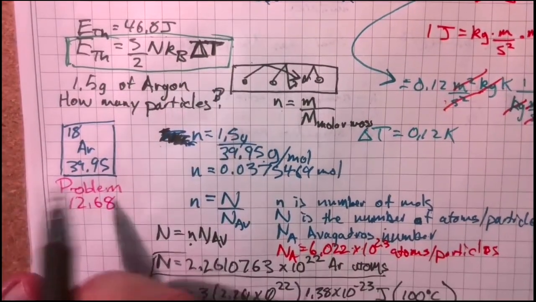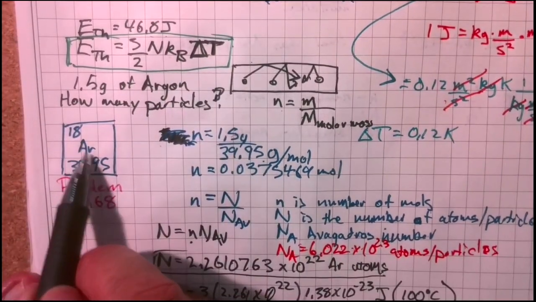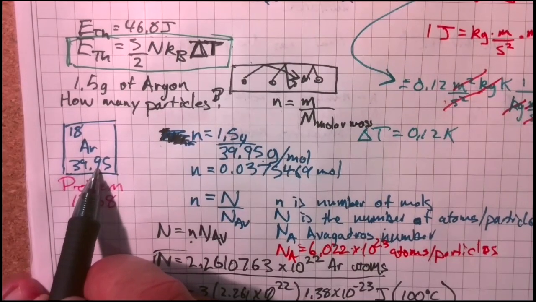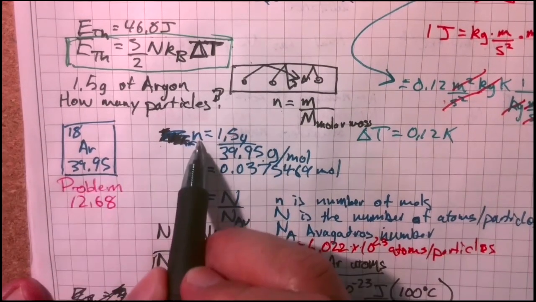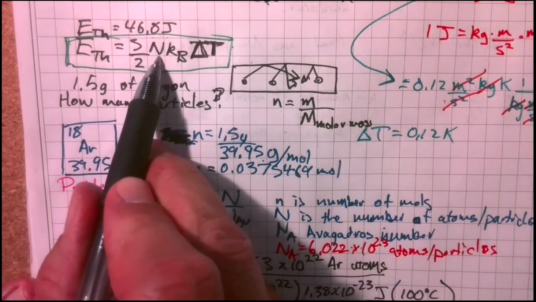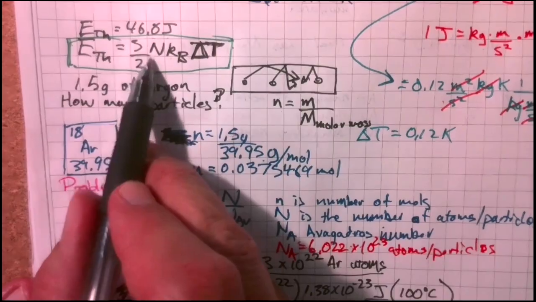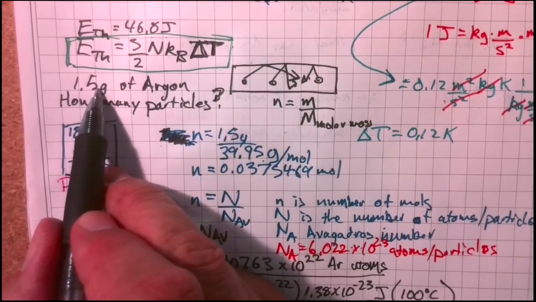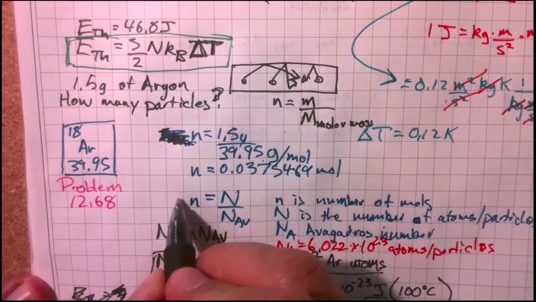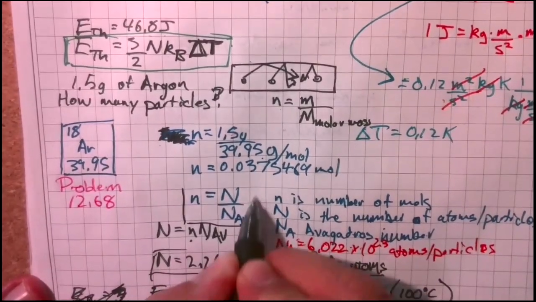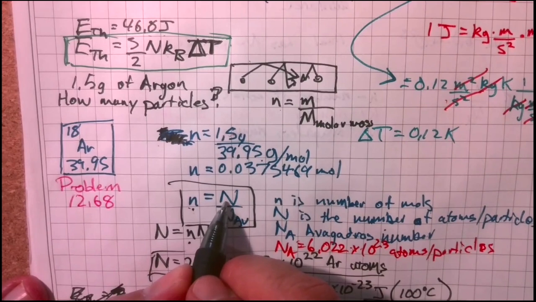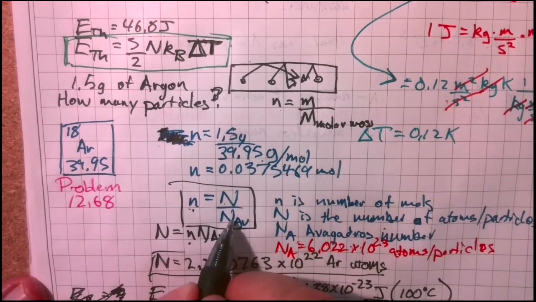Right here, we used the fact that argon has a molar mass of 39.95. Then we said, all right, how many moles do we have? Because we need to find out what n is. I don't know how many particles there are in 1.5 grams of argon, so we need to figure it out. We can get it from this equation: the number of moles is equal to the number of particles divided by Avogadro's number.